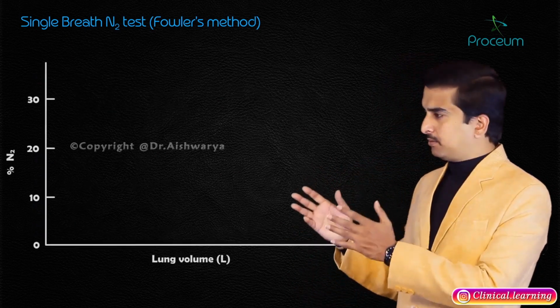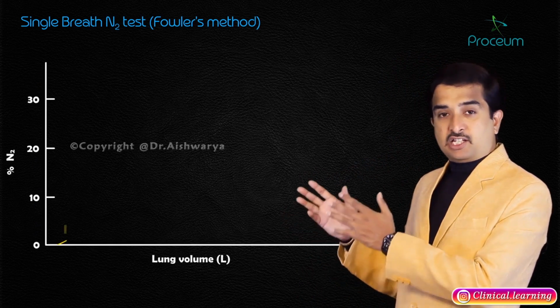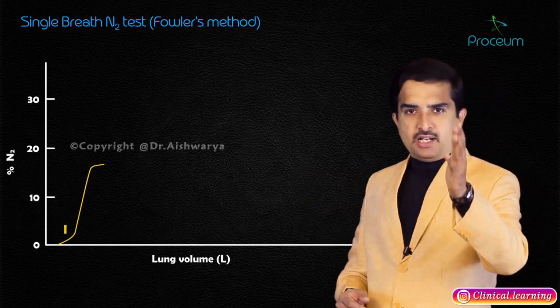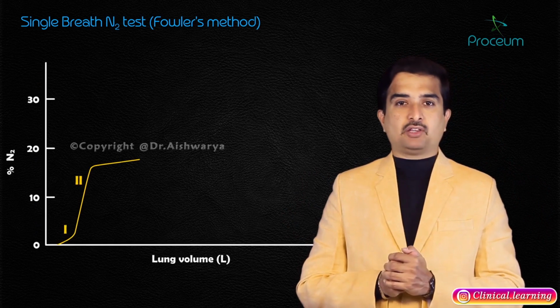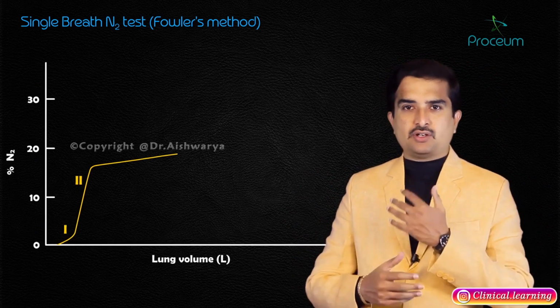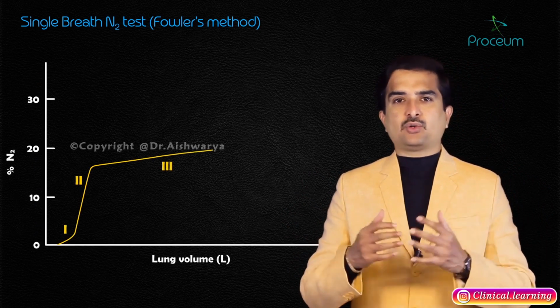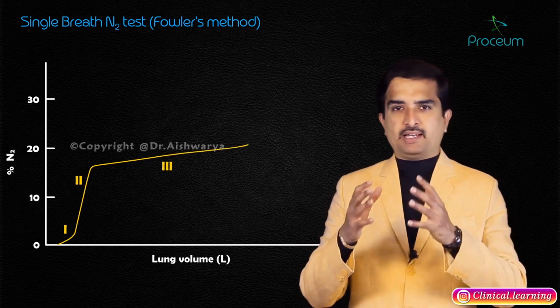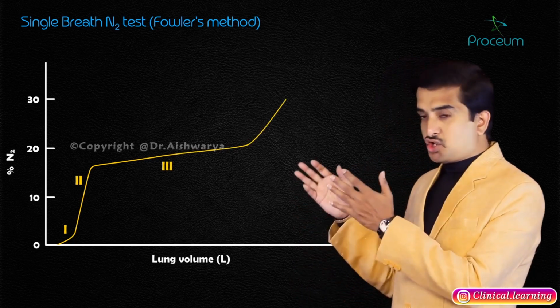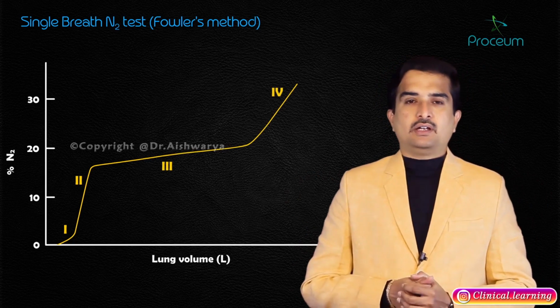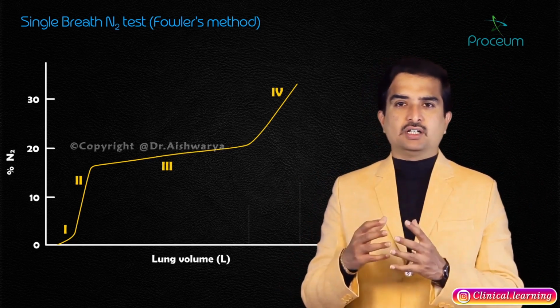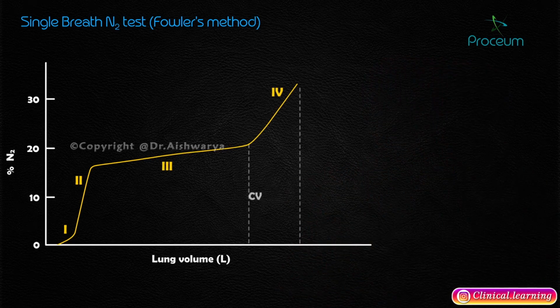So the single breath nitrogen curve shows that from mid-inspiration the patient takes a deep breath of pure oxygen, then exhales steadily, and the changes in the nitrogen concentration of the expired gas during expiration are shown on the graph, with the various phases of the curve indicated by Roman numerals.